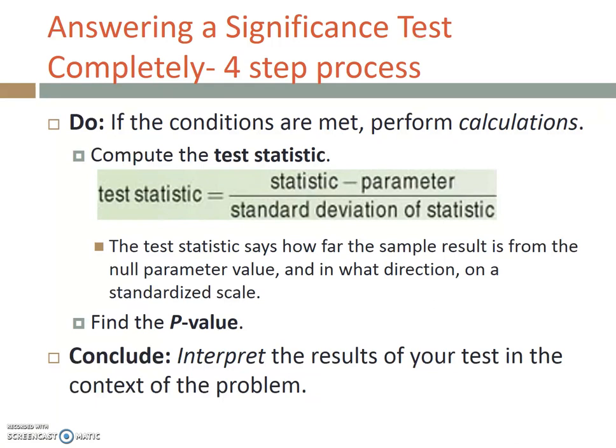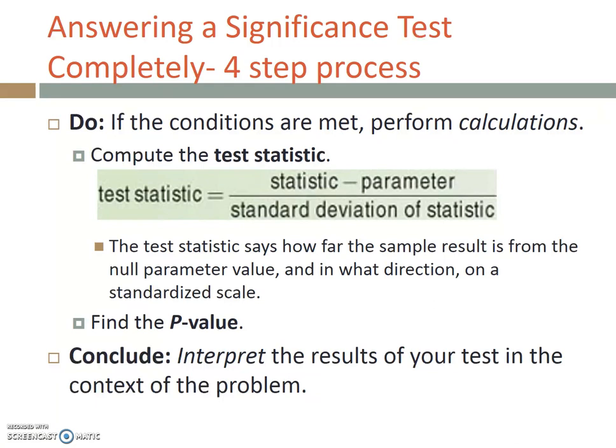In the do step, as long as your conditions are met, this is when we're going to perform our calculations. There are two calculations that need to be done. You need to compute the test statistic, which was given by the formula from the previous slides. Our test statistic says how far the sample result is from the null value and in what direction on a standardized scale. So it's like a z-score kind of.